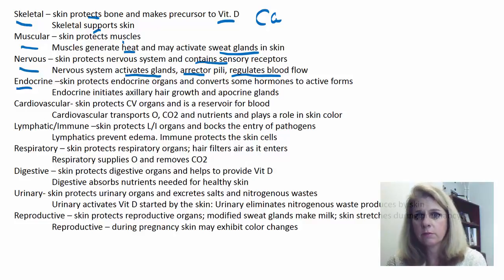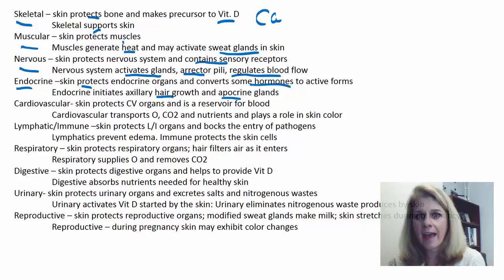The endocrine system, skin and endocrine. Skin protects your endocrine organs, which are inside your body. It also works to convert some hormones, like vitamin D. Your endocrine system activates your axillary hair growth and your apocrine sweat glands.